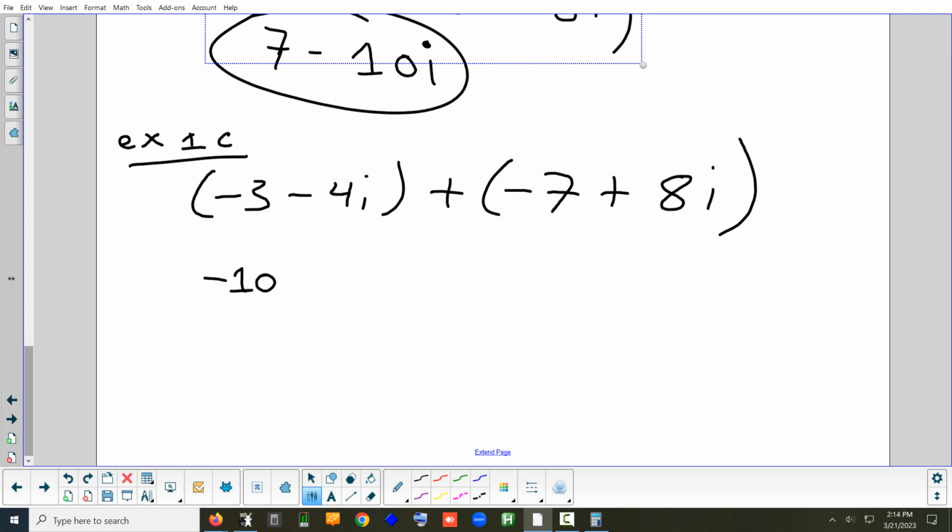And what about the imaginary part? Negative 4i combined with 8i. Yeah. 4i. There you go. So negative 10 plus 4i. Any question on that?